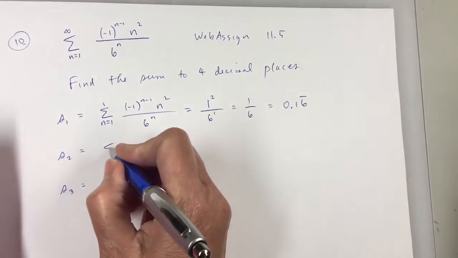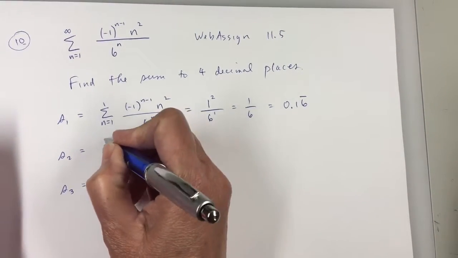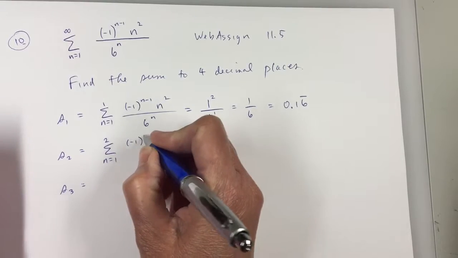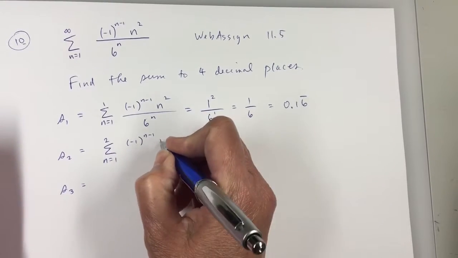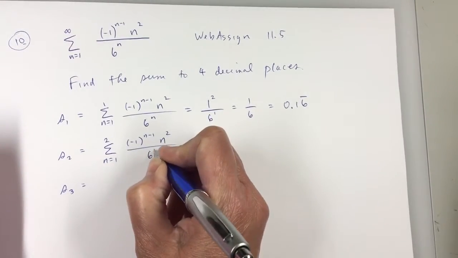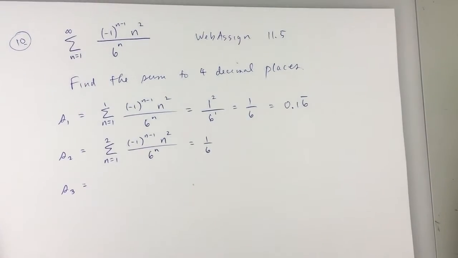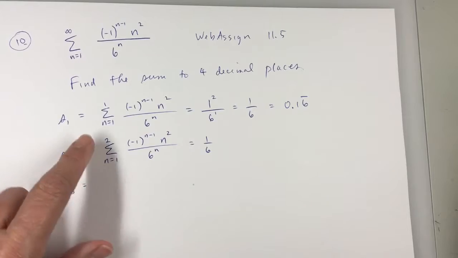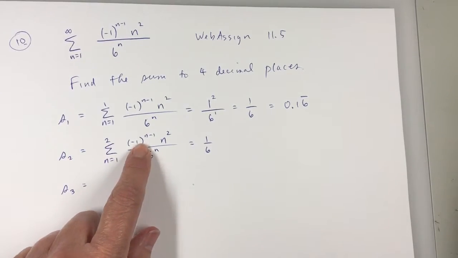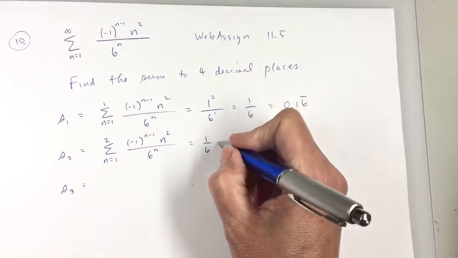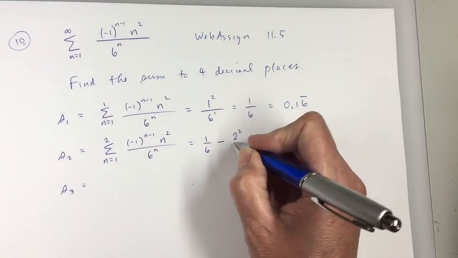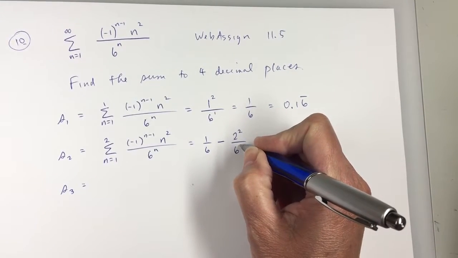S sub 2, the sum as n goes from 1 to 2, negative 1 to the n minus 1 times n squared over 6 to the n. So that's the first term, which was 1/6. Now the second term, when n is 2, it's going to be a negative. It's going to be minus 2 squared over 6 squared.